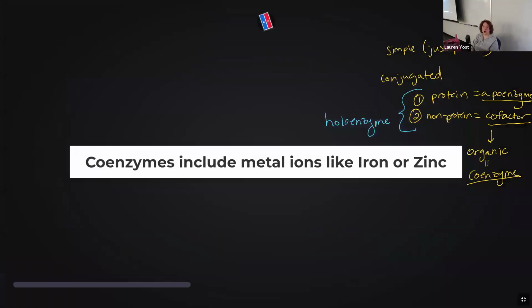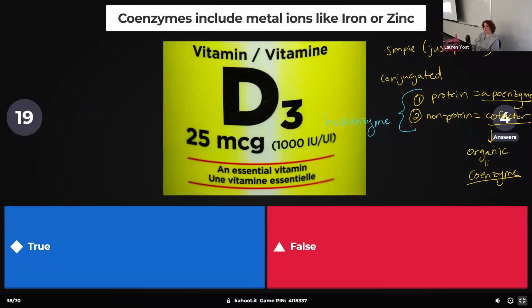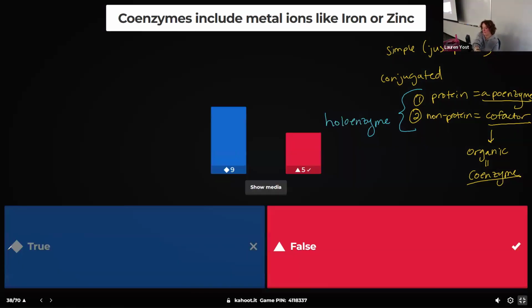True or false? Coenzymes include metal ions like iron or zinc. False, because a coenzyme has to be an organic molecule.